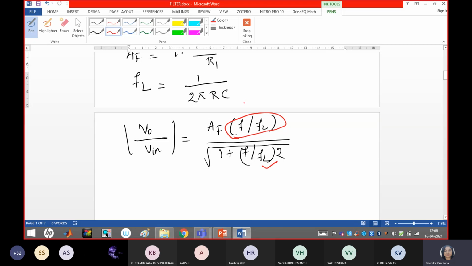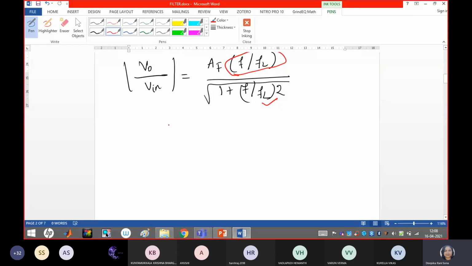Okay. So now guys, after this, based upon the design steps we have learned, we will solve one question. Suppose the question is like this: design a low pass filter at a cutoff frequency of 15.9 kilohertz with a passband gain of 1.5.